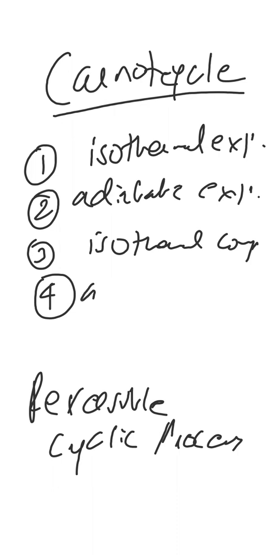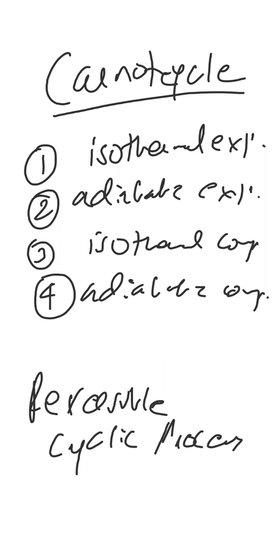And fourth is adiabatic compression. Please note it down. Then I will explain one by one, step by step, how this Carnot cycle works out. Carnot cycle consists of four reversible processes in this order: isothermal expansion first, then adiabatic expansion, then isothermal compression and adiabatic compression.